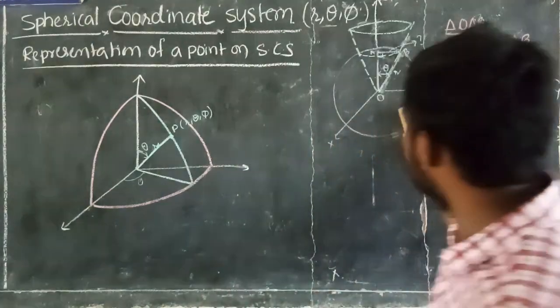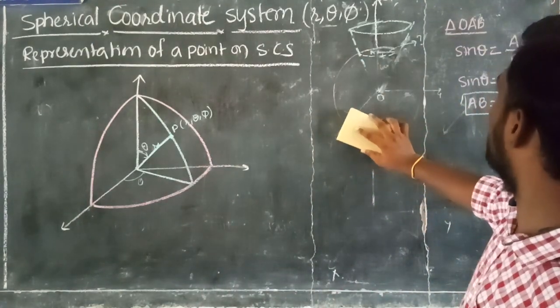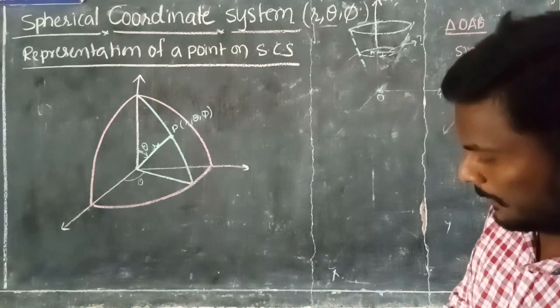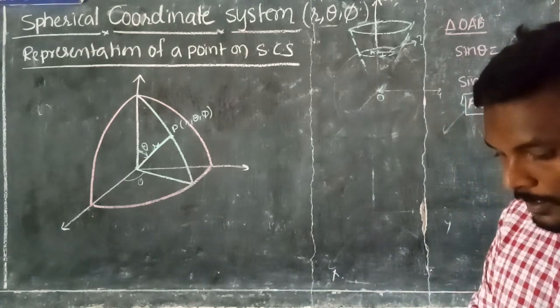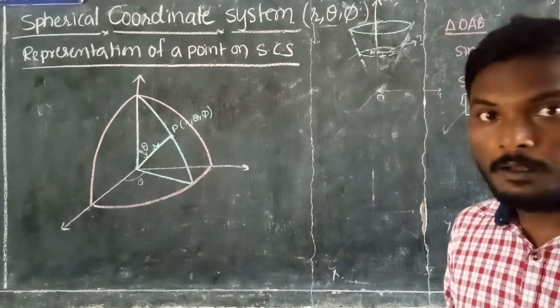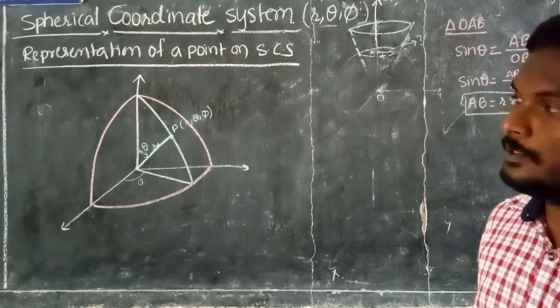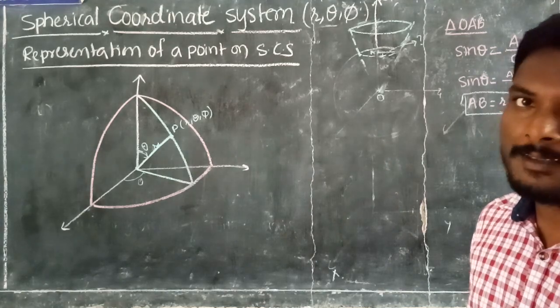Next I am going to discuss the base vectors. What are the base vectors in the cylindrical coordinate system and the Cartesian coordinate system? Base vectors are nothing but the unit vectors oriented along the coordinate axes.